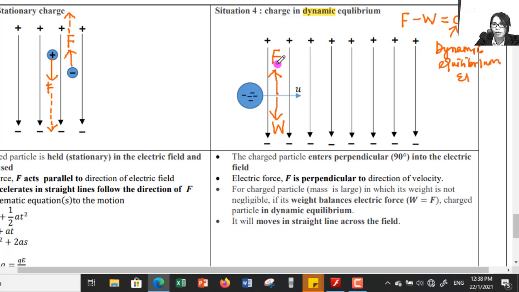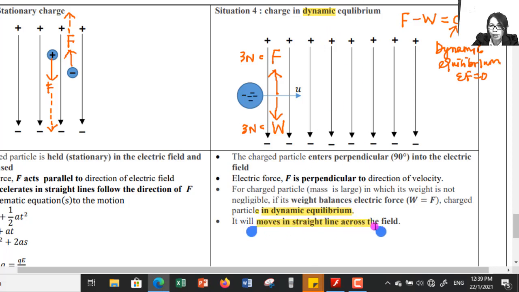Tu summation force equal to zero. Kalau electric force kita 3 Newton, weight kita pun 3 Newton, then resultant force akan dapat kosong, dan kita kata charged particle ni dalam dynamic equilibrium. If the charged particle is in dynamic equilibrium, what is going to happen?